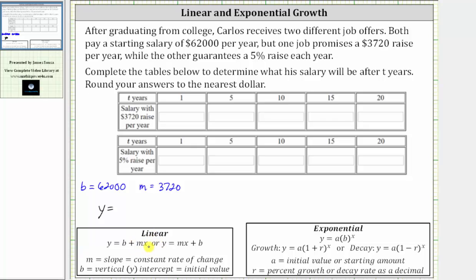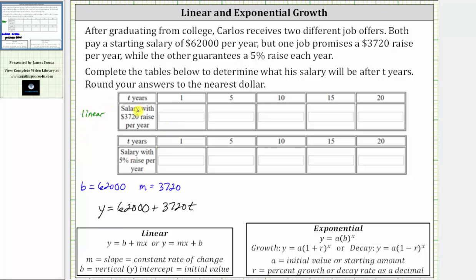Instead of x, though, we will use the variable t, since we're told t is time in years. So we have y equals 62,000 plus 3,720t. We'll use this equation to complete the first table, where the salary increases by the constant rate of $3,720 per year. So this table is linear growth.